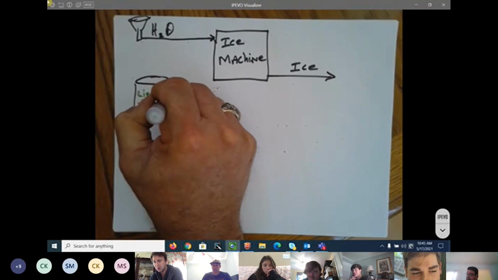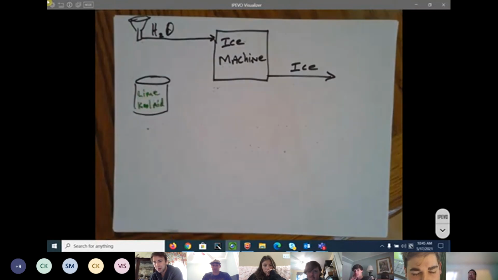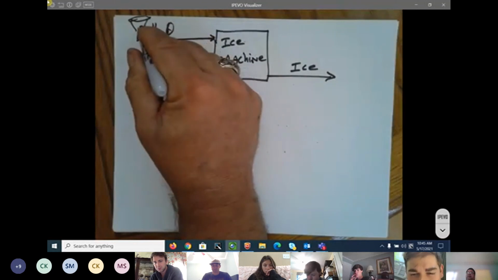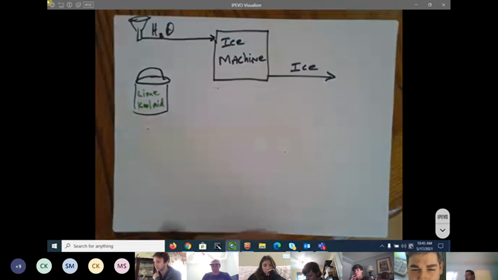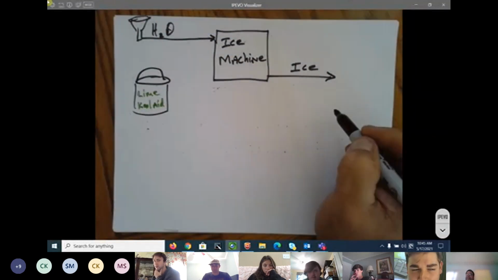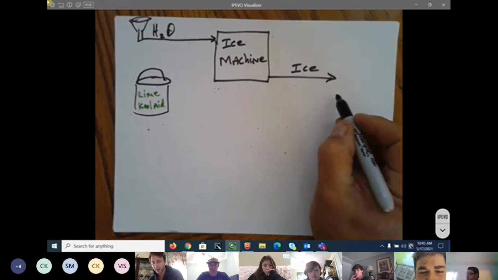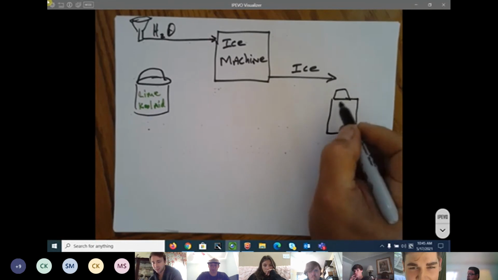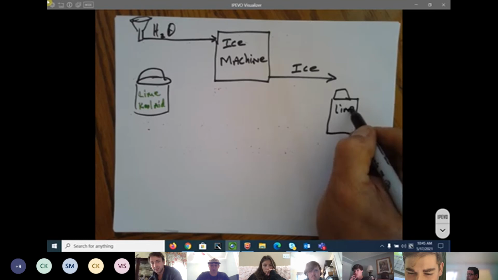Ew. You put 5 gallons of lime Kool-Aid in that funnel. What are you going to get? Lime Kool-Aid ice. Yeah, but how much? Frozen. 5 gallons. You're going to get 5 gallons of lime ice.